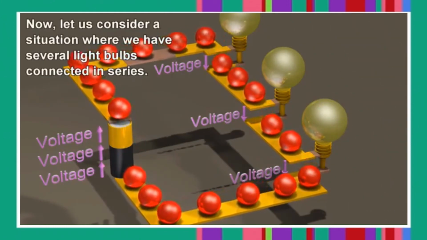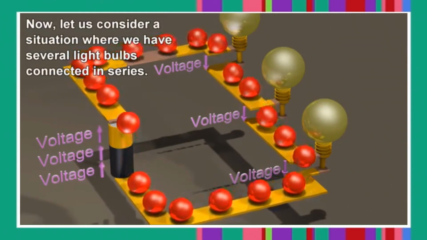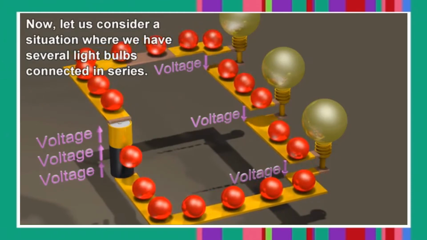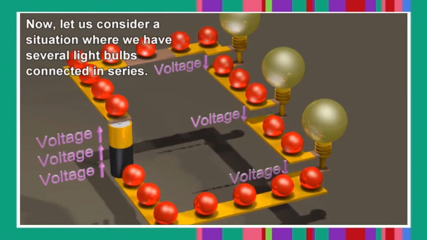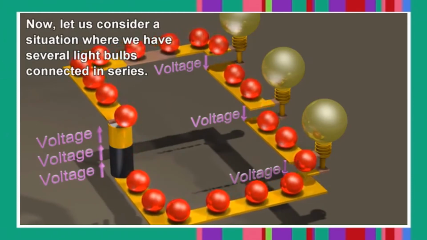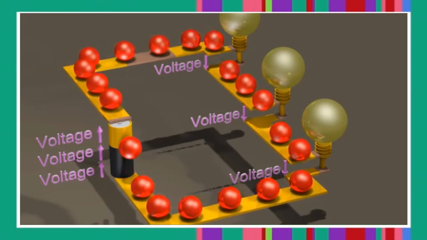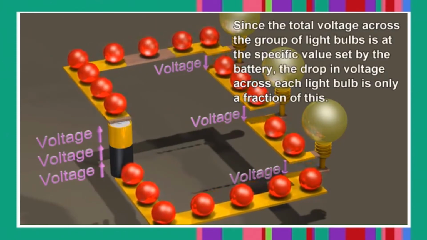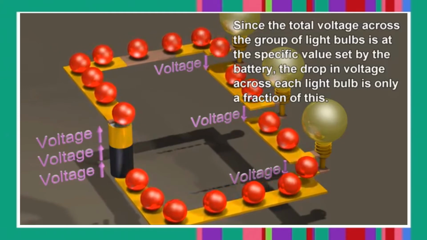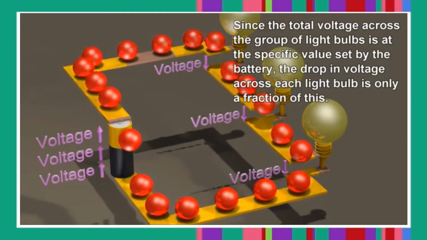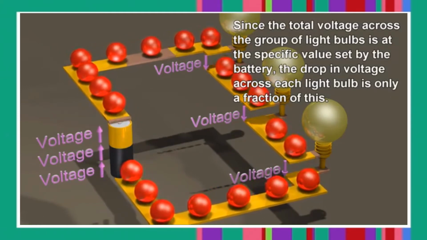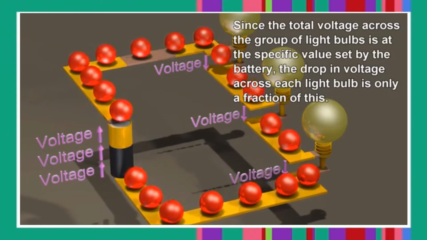Now, let us consider a situation where we have several light bulbs connected in series. Since the total voltage across the group of light bulbs is at the specific value set by the battery, the drop in voltage across each light bulb is only a fraction of this.